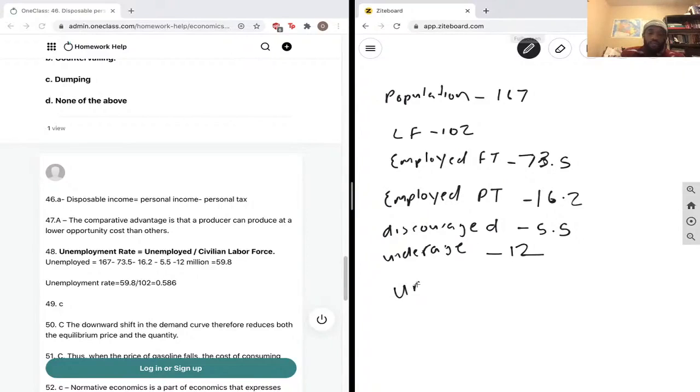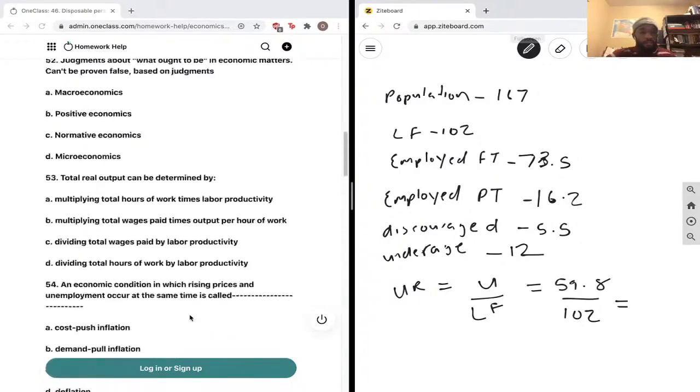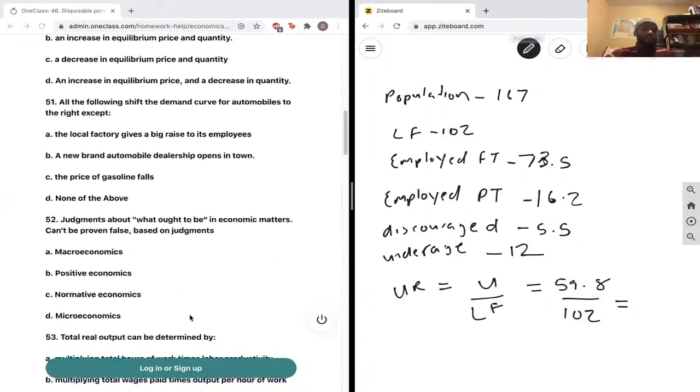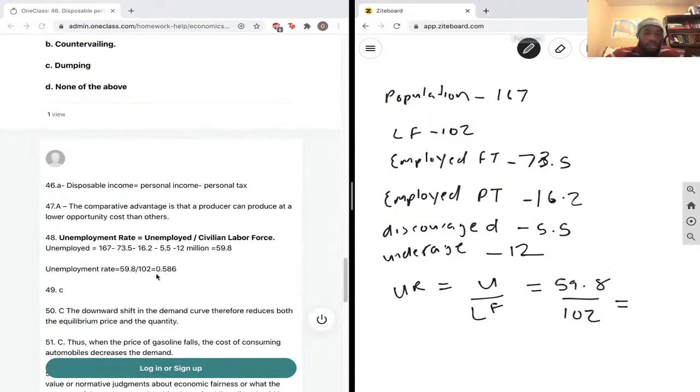And the unemployment rate, UR, equals U over LF, equals 59.8 over the labor force of 102. I don't have a calculator, but I believe that's correct. Actually, no, I'm lying. I do have a calculator. Yes, it is 58.63%. So 58.6%. That is correct.